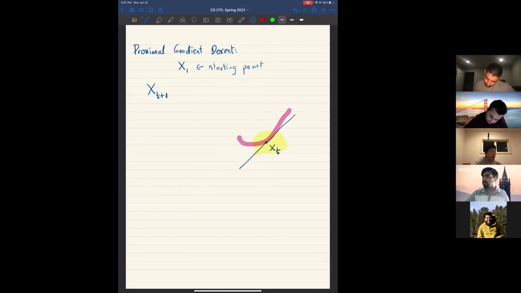What is the linear approximation? It is just the gradient of f at xt times x minus xt, plus f of xt.